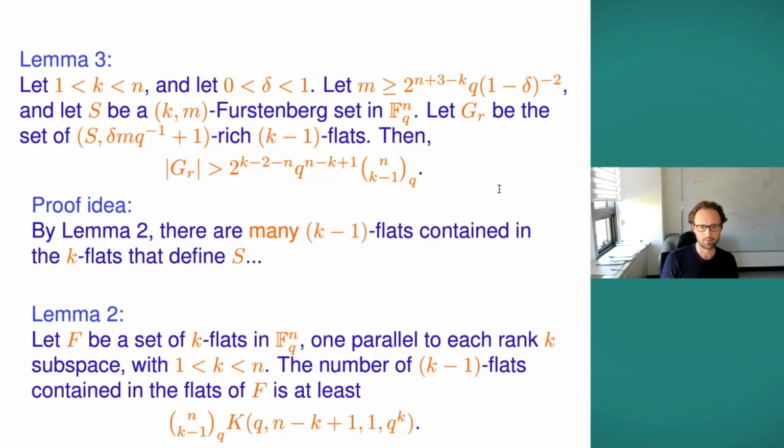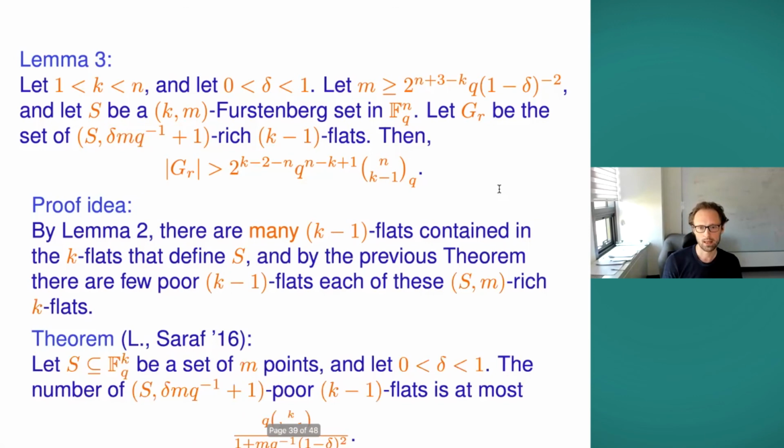So the proof is exactly what I said. By lemma 2, we have many k-1 flats that are contained in the k-flats that define our Furstenberg set. And by the theorem proved with Saraf a few years ago, for each k-flat, there can't be very many poor k-1 flats.